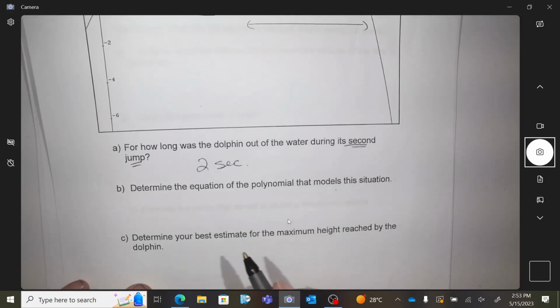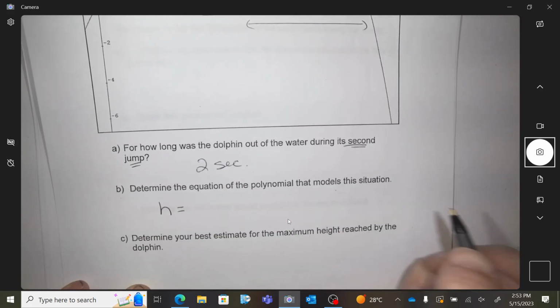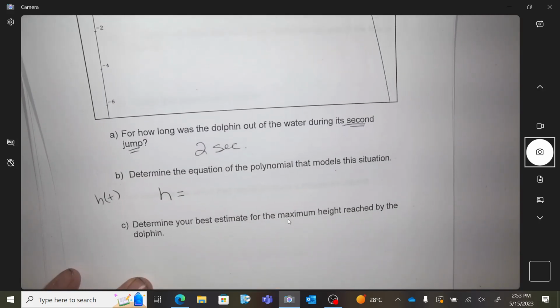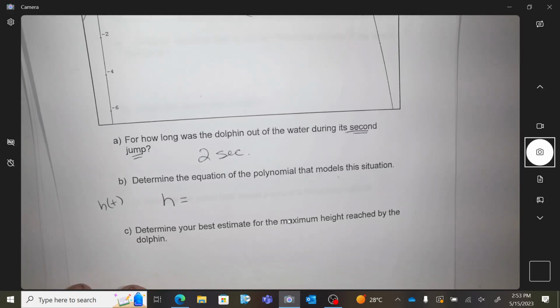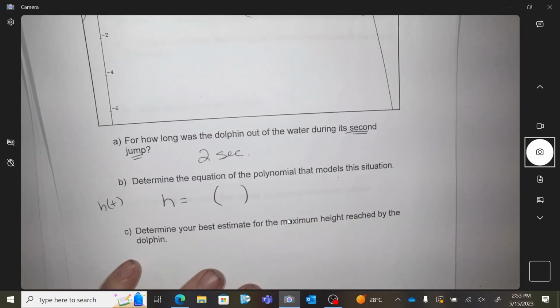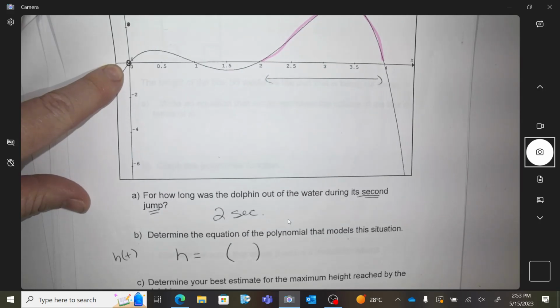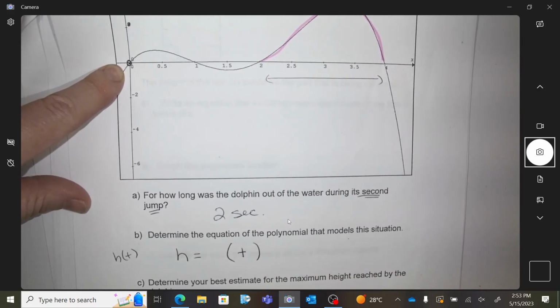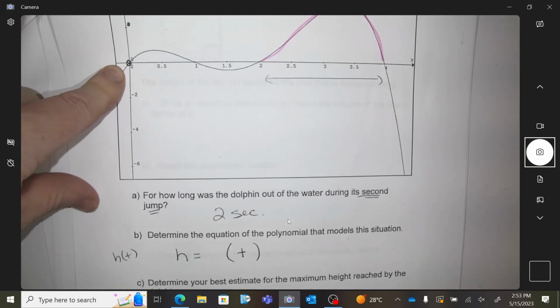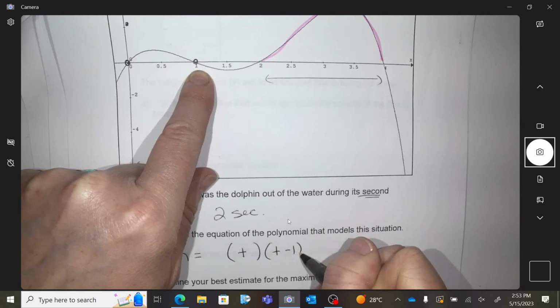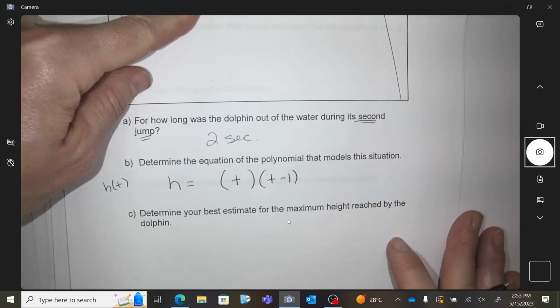Determine the equation of the polynomial that models this situation. So we're going to write h equals, not t or y. Would you ever write h(t)? Yeah, that's good. I thought that'd be more confusing, so I didn't. Okay. I need a factor that represents this intercept. If it's 0, it's just a t. This is at 1, so I'm going to write t minus 1 as another factor.